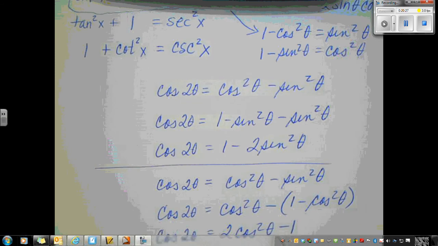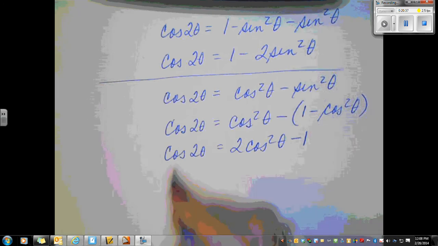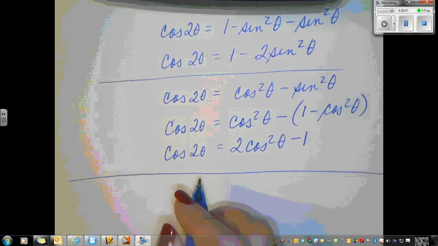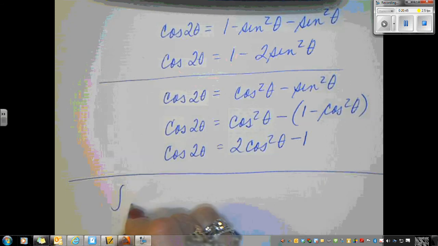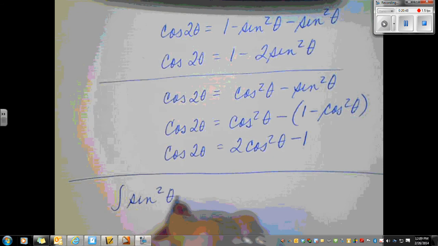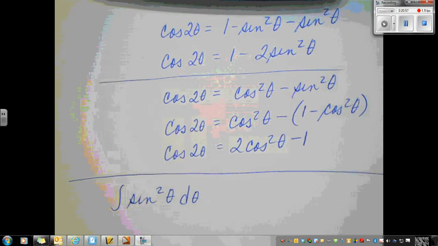And somebody surely will ask, why would I need to know those? Because of the following problem, which you could be asked. Please integrate for me sine squared theta d theta. We don't know how unless we do an identity.